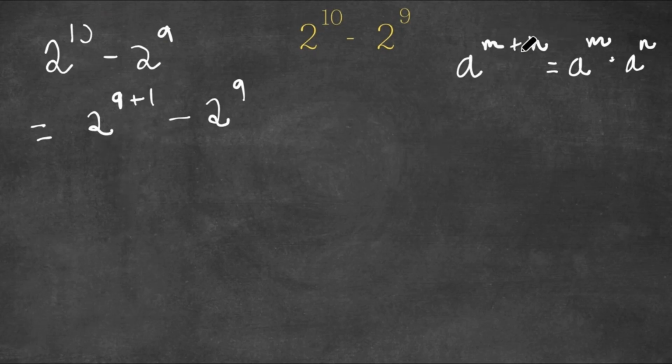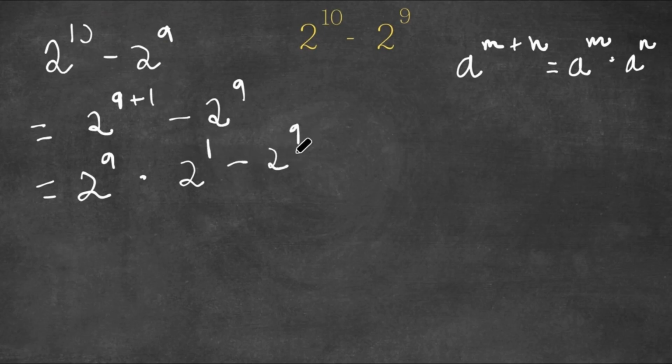I'm going to use this property for 2 to the power of 9 plus 1. We can think of 2 as a, 9 as m, and 1 as n. So this would equal 2 to the power of m, which is 9, times 2 to the power of n, which is 1. And now we are subtracting 2 to the power of 9.